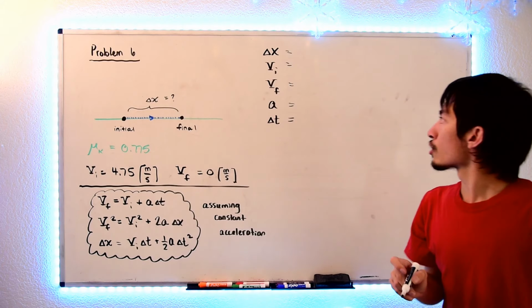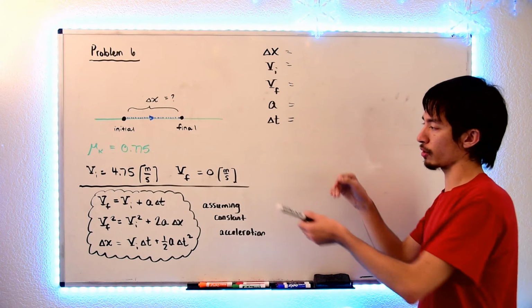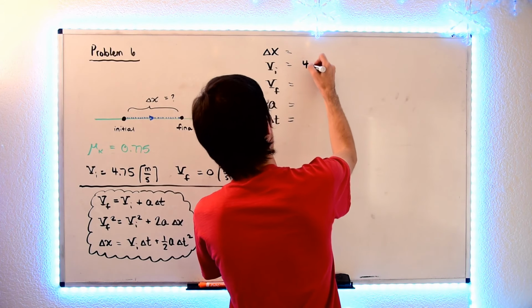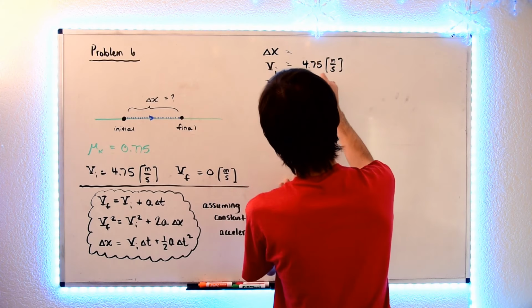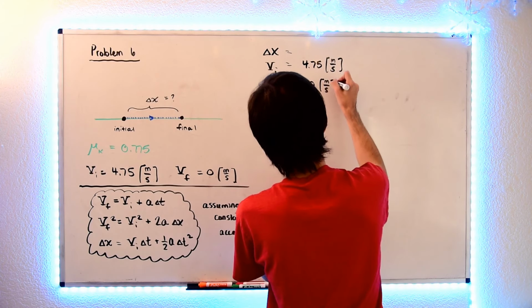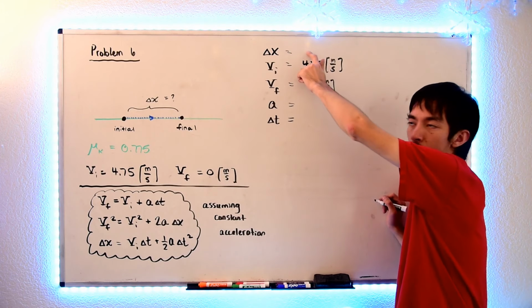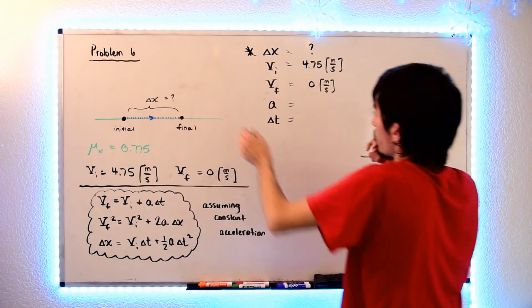With this, we're going to fill this in as much as possible. The velocities were given, so we'll just throw those in: 4.75 meters per second and 0 meters per second for initial and final. We do not know the distance we went because that's what we want in the problem, so let's give that a little star.